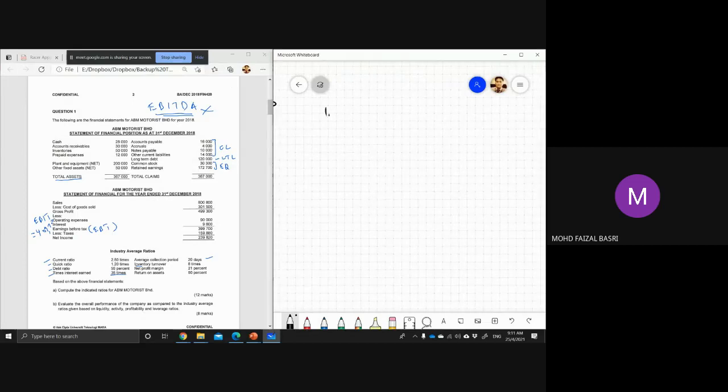So for inventory turnover, I'm going to write the formula again. It's cost of goods sold divided by inventory.